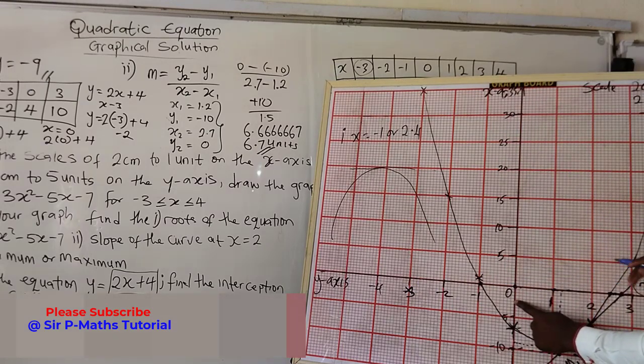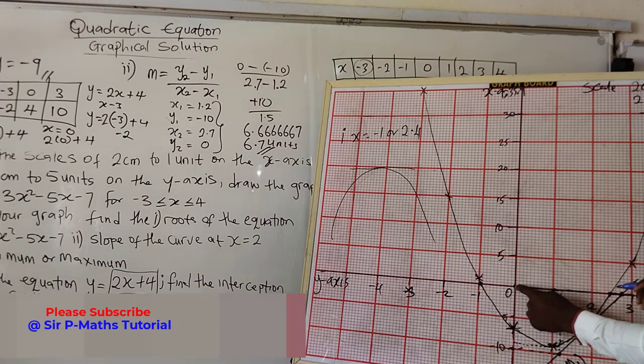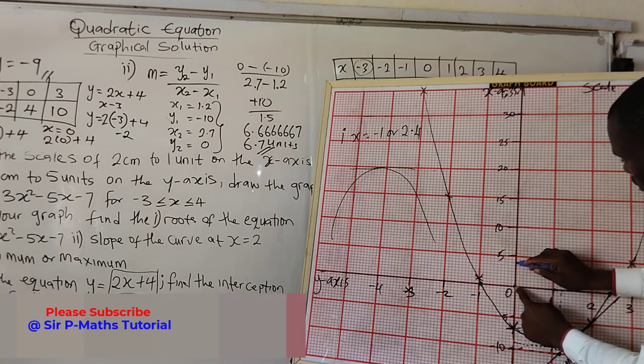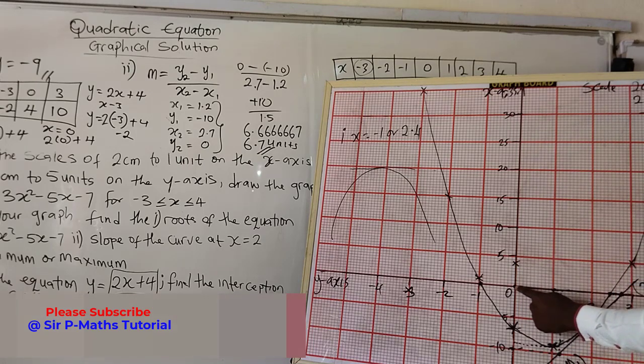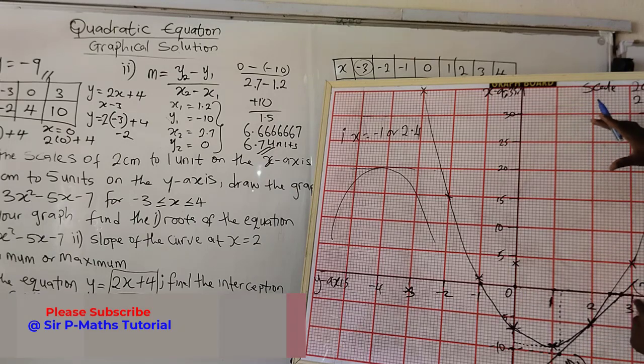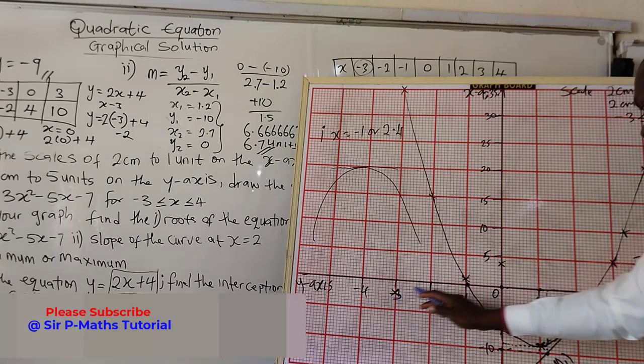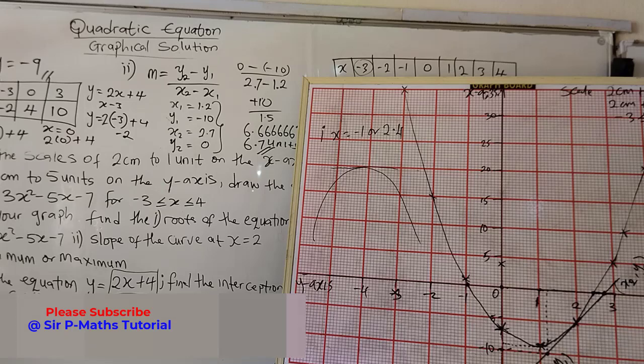Then the next we have 0 against 4. 0 for x, 4 for y. 4 is at this position. Right? And then finally we have 3 for x. This is 3. And then we have 10. This is 10 at this position. Okay? So we join it with a ruler to make a straight line.